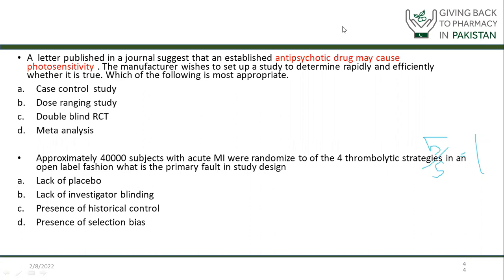Which of the following is the most appropriate? Case control, dose ranging study, double blind RCT, or meta-analysis? Case control, Gulsnober. Yes. Anybody else? RCT possible? Why not RCT? Meta-analysis. Okay.